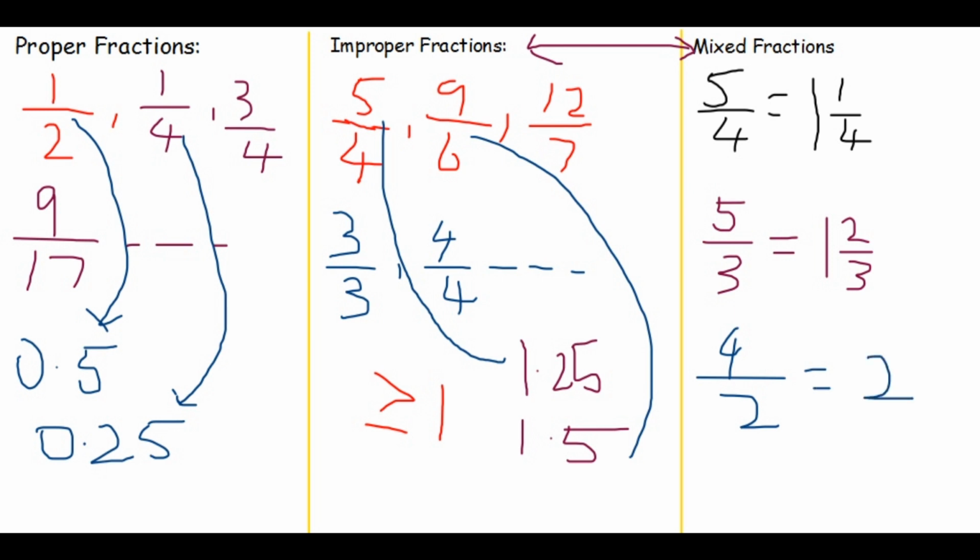So to convert an improper fraction to a mixed fraction, the denominator must not be able to divide the numerator without giving a whole number. And please, if you still don't understand this, watch my video on how to convert improper fractions to mixed fractions and mixed fractions to improper fractions.